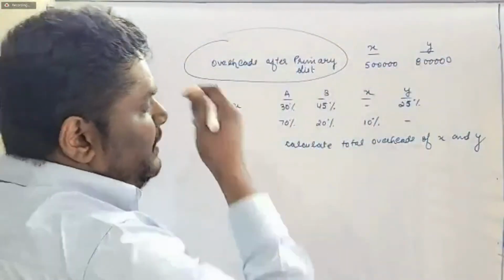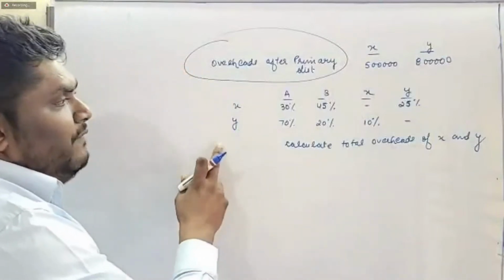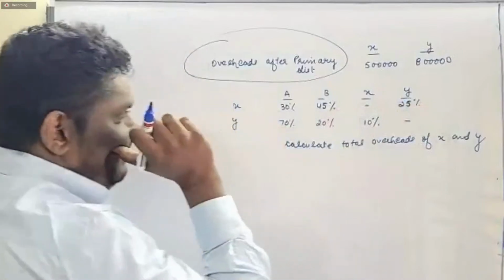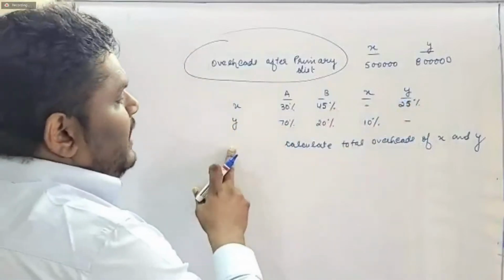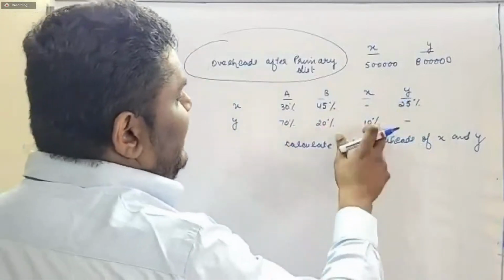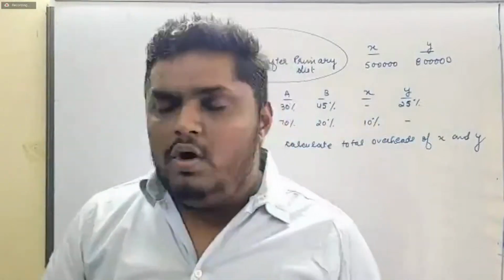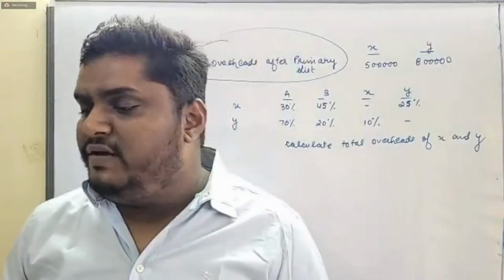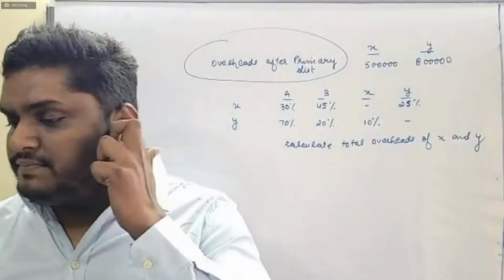Further, the overheads are to be distributed in the ratio of, when talking about X, it is 30%, 45%, and 25%. And when talking about Y, it is 70, 20, and 10. So I request you guys to please calculate the value of X and Y. Waiting for your answers, guys.